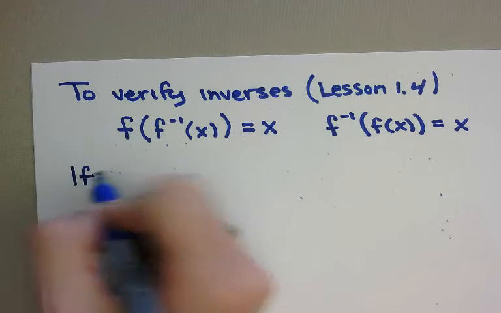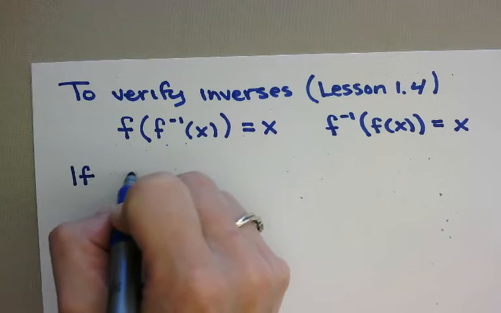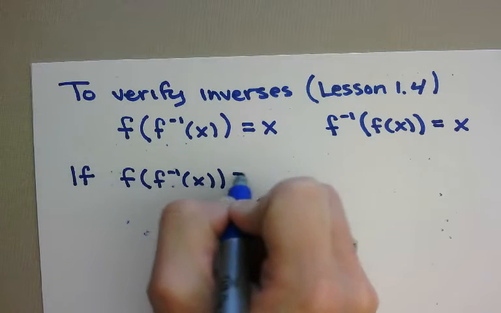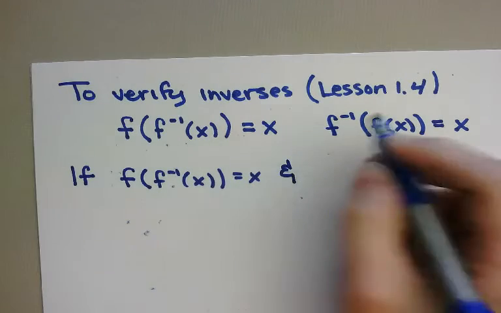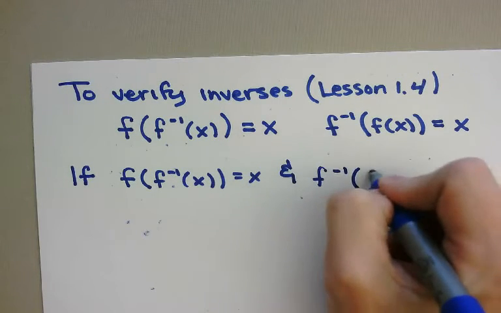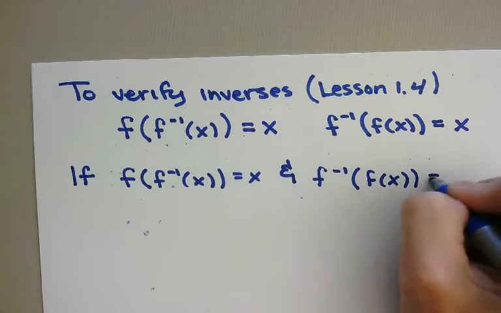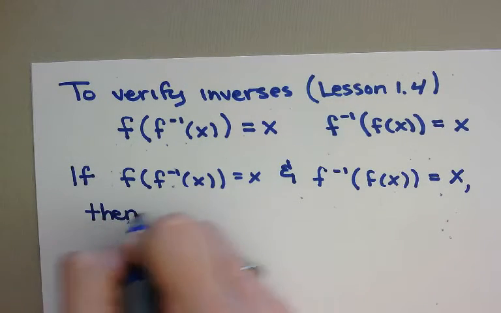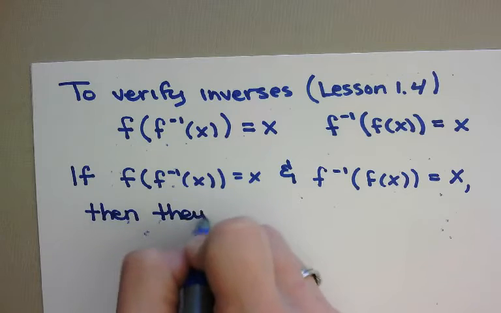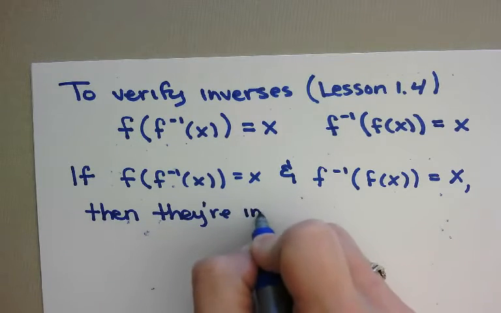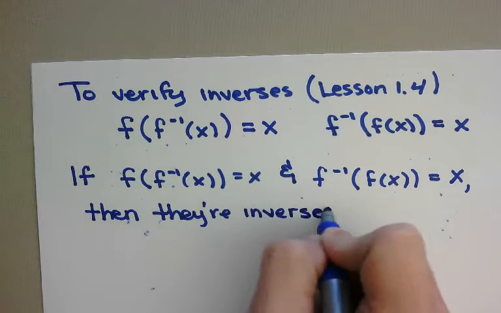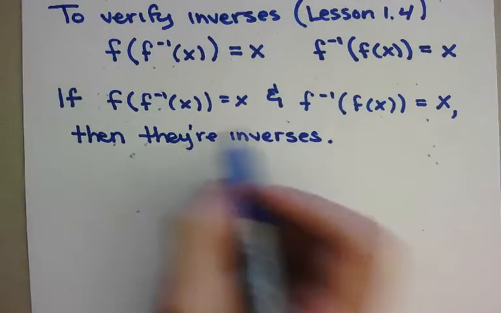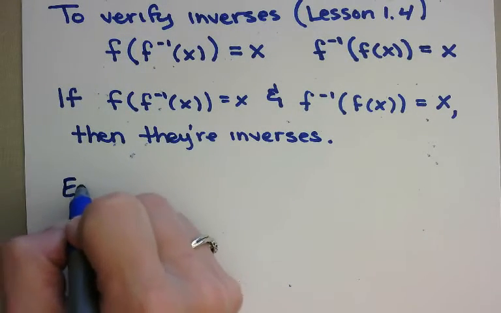So if f of f inverse of x equals x and f inverse of f of x equals x, then they are inverses.